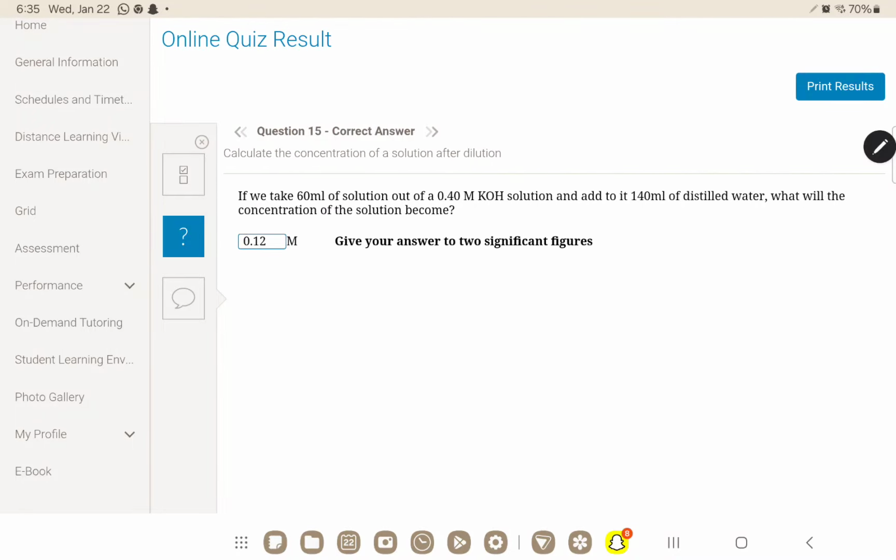Okay, this question. Misclicked, by the way. Mistyped it. So if we take 60 ml of a solution out of a 0.4 molar potassium hydroxide solution and add it to 140 milliliters of distilled water, what will the concentration be? I don't know if you remember, but we took this last year. You have to use C1V1 equals C2V2. So what do you do now?